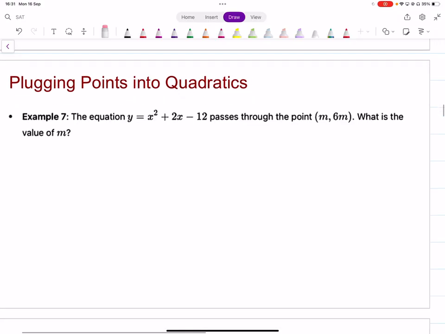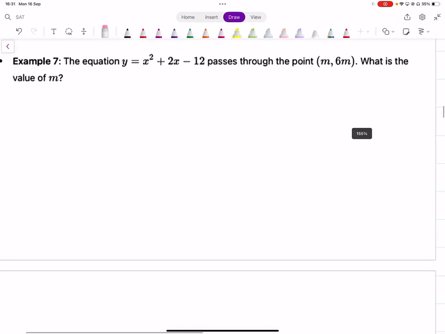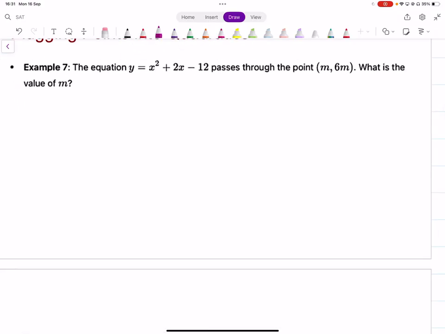Okay, let's say we have this equation. It passes through the point m and 6m. What's the value of m? How do you figure this out? There's an equation that passes through a particular point. We can just put that point in the equation, right? It should satisfy the equation.